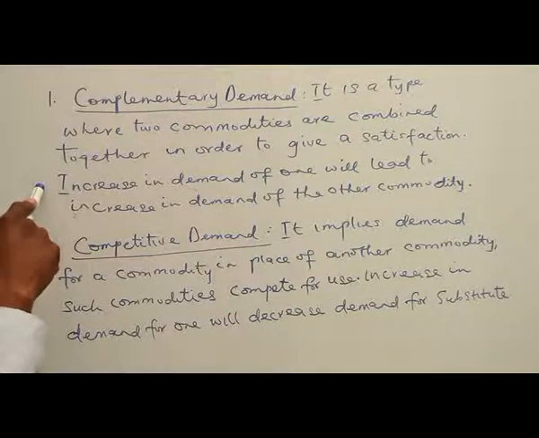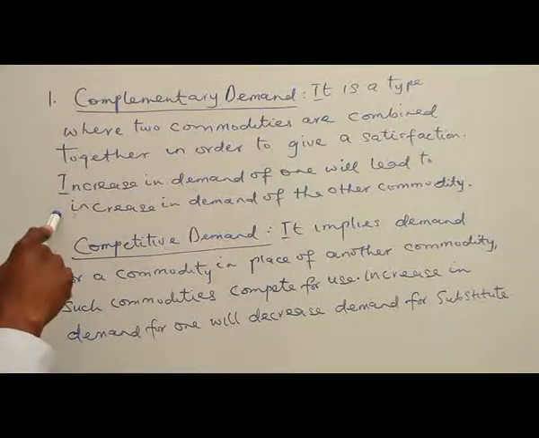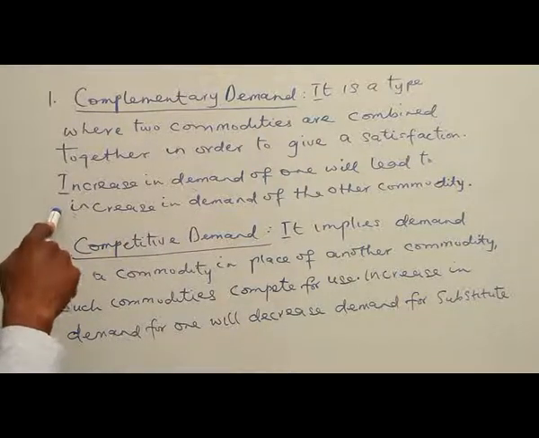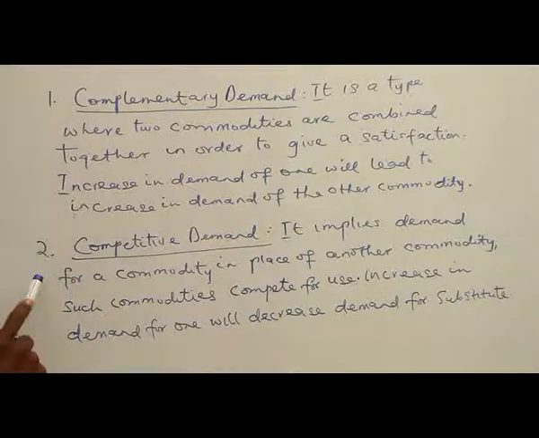So if there is an increase in butter, there is probability of increasing demand for bread, because the two goods will give a satisfaction. Now, using pencil and exercise book will give a satisfaction because they are complementary goods. So increase in the demand for pencil will lead to increase in the demand for exercise book.